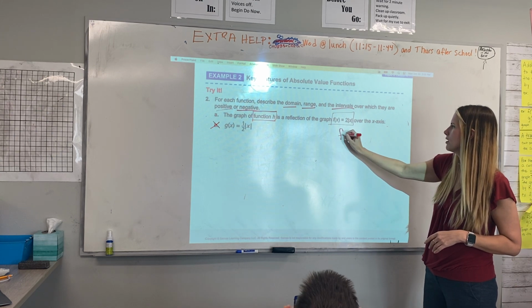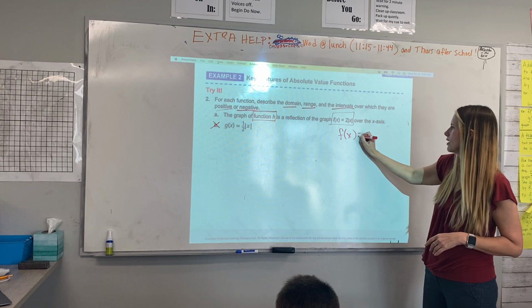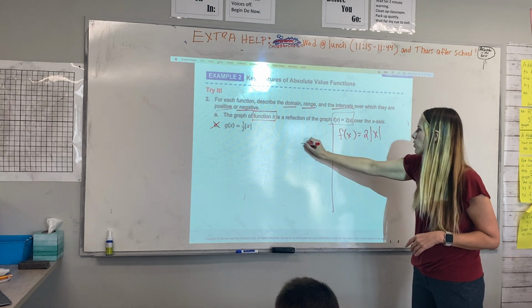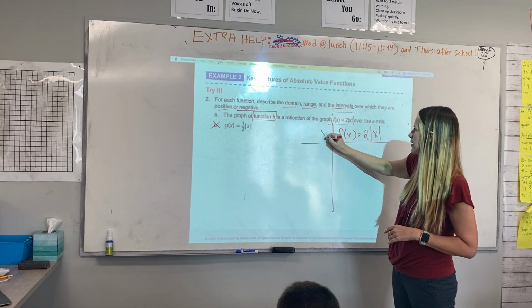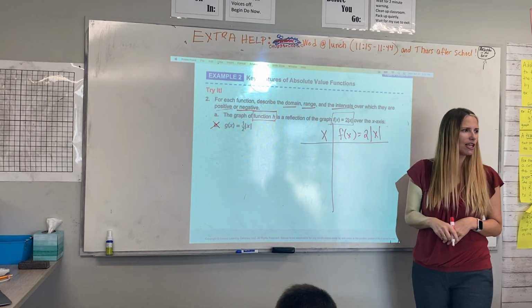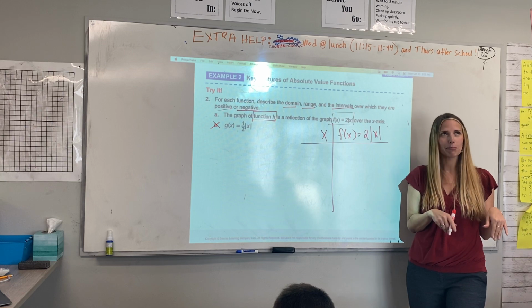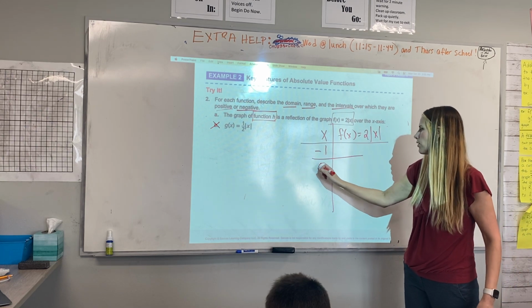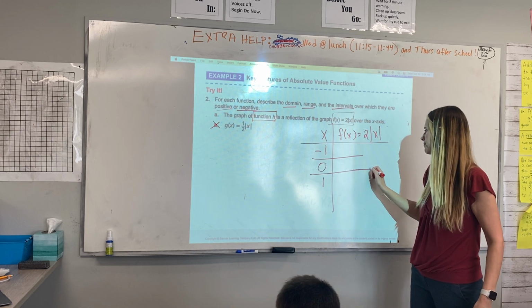We have the function f of x equals 2 times the absolute value of x. But in order to get my output, I need some inputs. Can you give me some inputs we should use? Let's just use -1, 0, and +1.